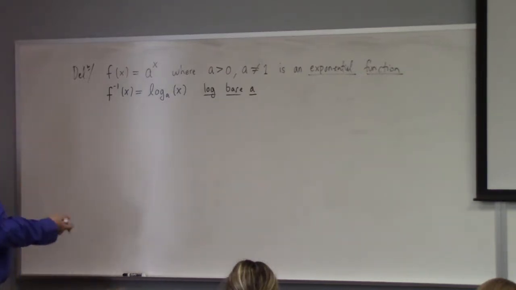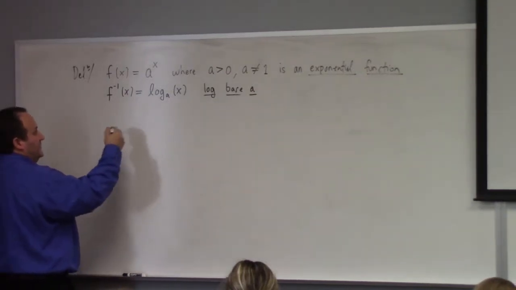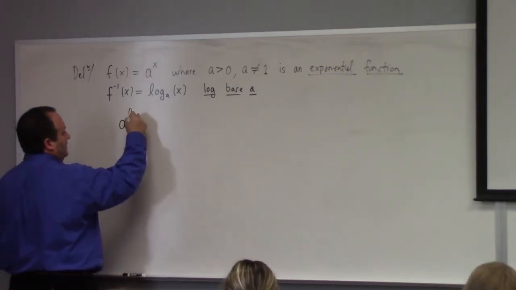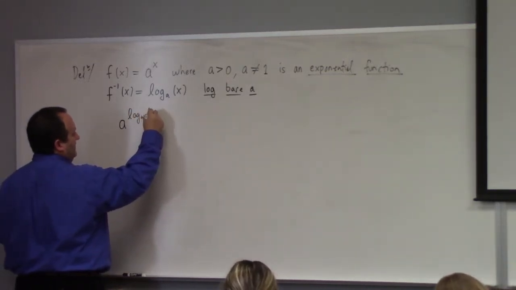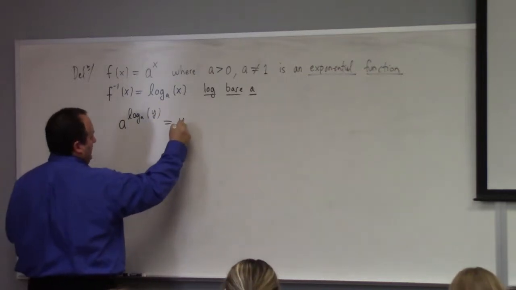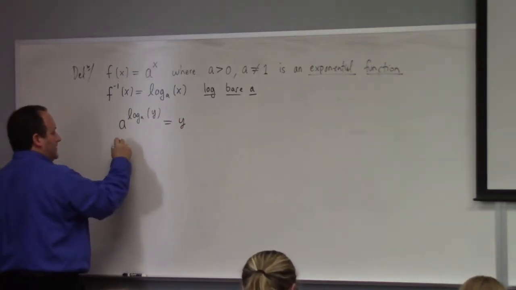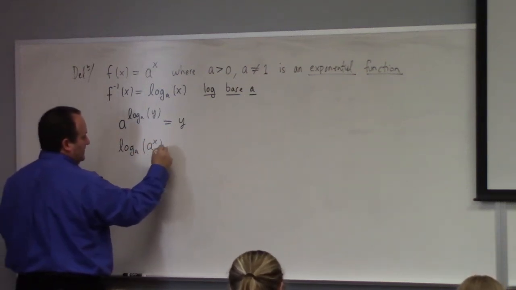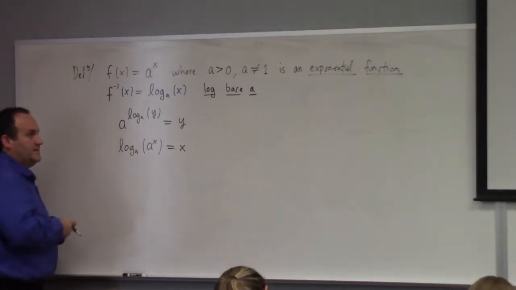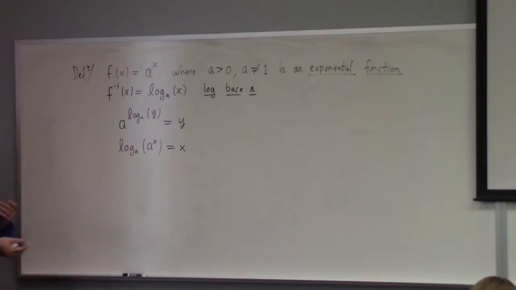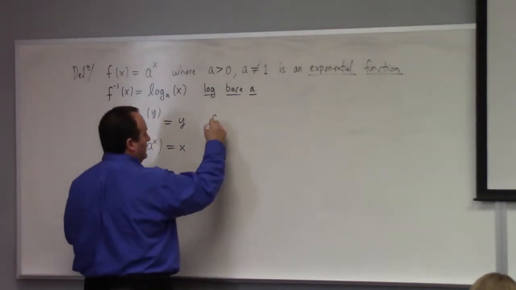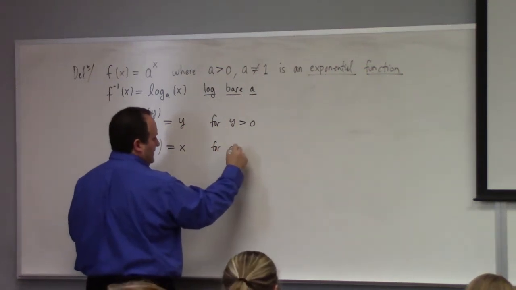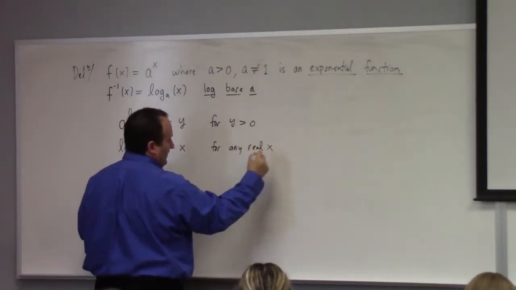So the two equations which sort of define these are: a to the log base a of, let's say, y is equal to y, and log base a of a to the x is equal to x. So the equation on the top is true for y greater than 0, and this is for any real x.